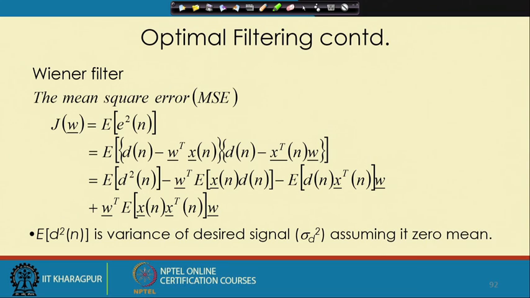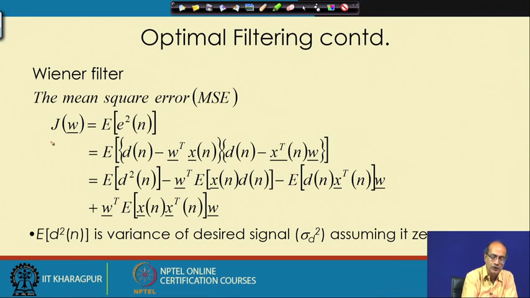So, here we define our objective function as j w. That means this objective function is a function of the weights. Only these weights are in our hand to control this. All the other things, what the input signal is that we observe, what kind of signal we have chosen, what the noise is and what the desired signal is, nothing is in our control.